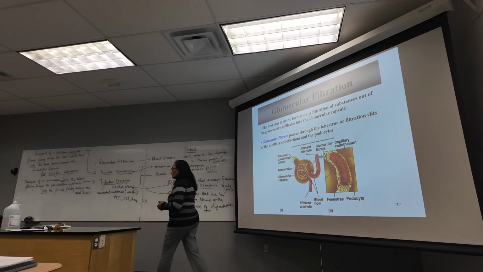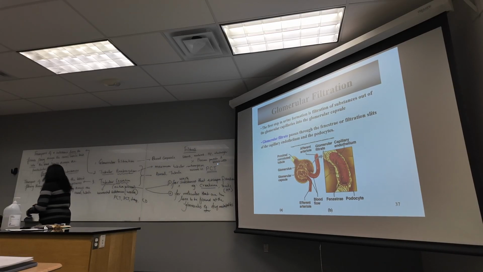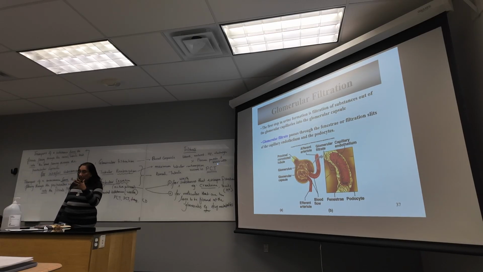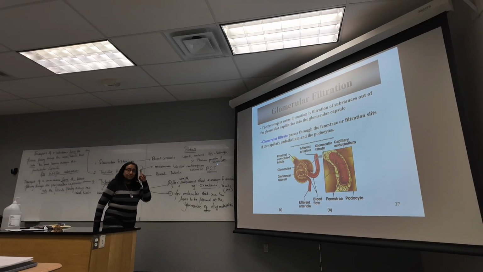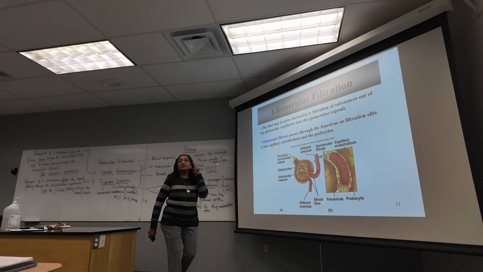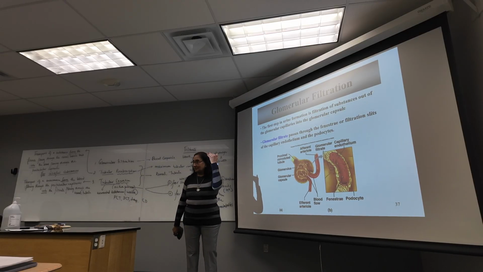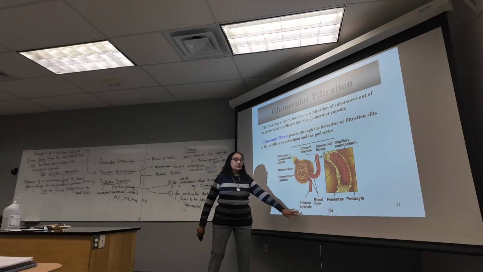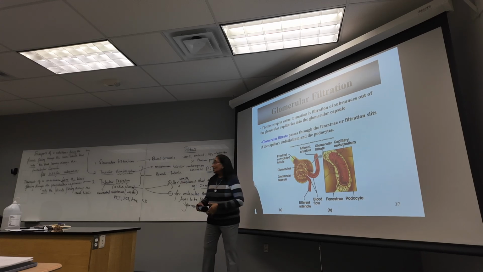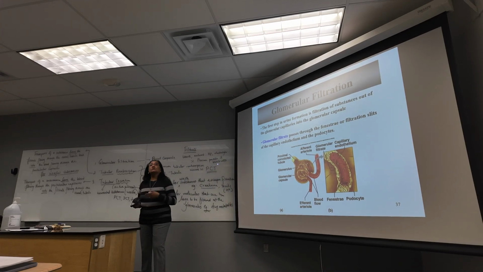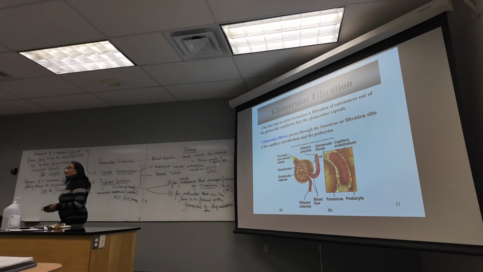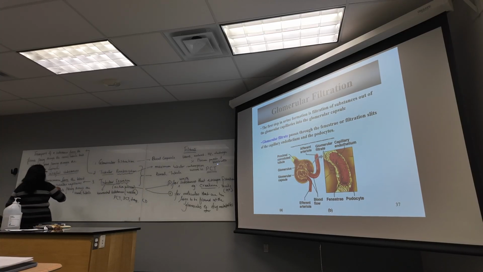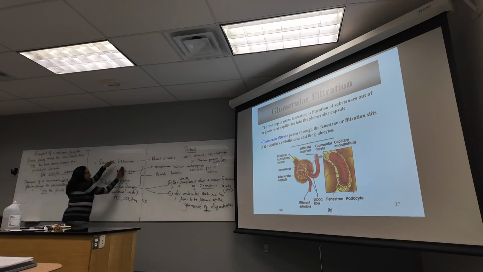Before we look at how the substances get pushed out, which is very similar to what we learned in capillary exchange, let's look at how much filtrate is actually formed by all the nephrons on a daily basis.